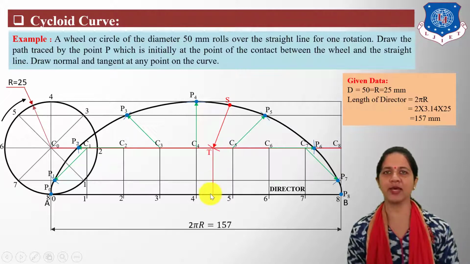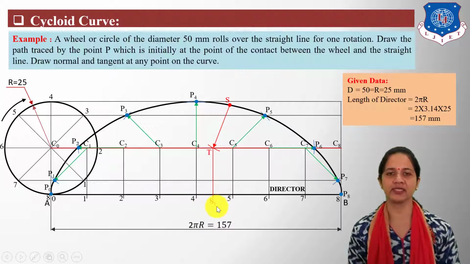Draw perpendicular line from T point up to director and mark here S1 point. Connect S1 and S point, which indicates normal. Next, draw perpendicular to normal line passing through S point, which is tangent line.